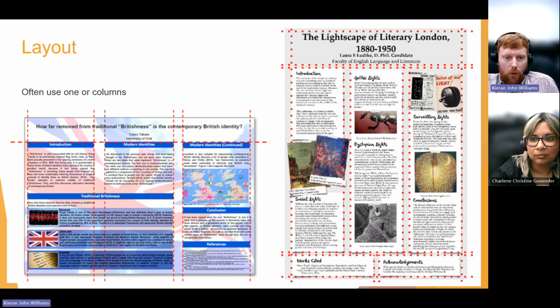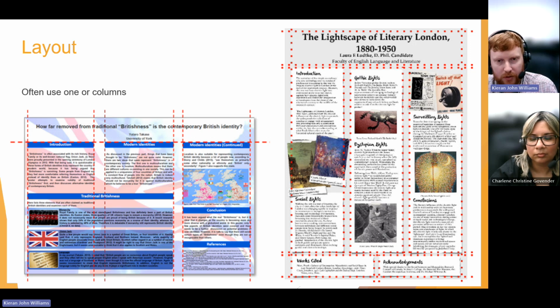Okay, so the next thing you need to think about then is the layout. As we mentioned, it isn't always top to bottom, left to right, following that kind of structure. This gives you the option now to be a bit more creative, but there still needs to be a little bit of structure. It can't be kind of chaotic.